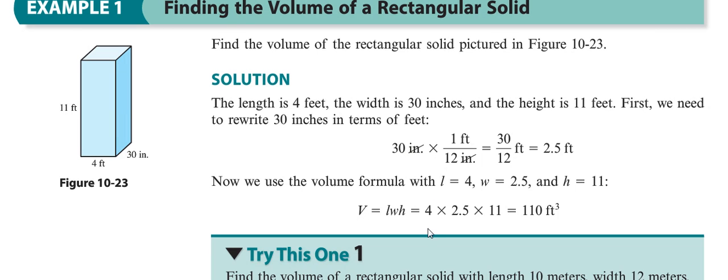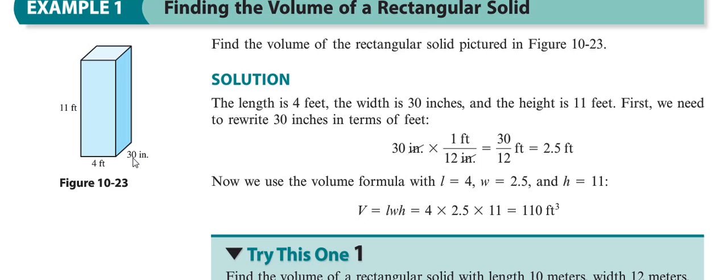Oh, wait a minute. This measurement here is in inches. All the sides have to be in the same units in order for you to find the volume. So in this case, you have to change the inches into feet before you can find the volume in cubic feet.